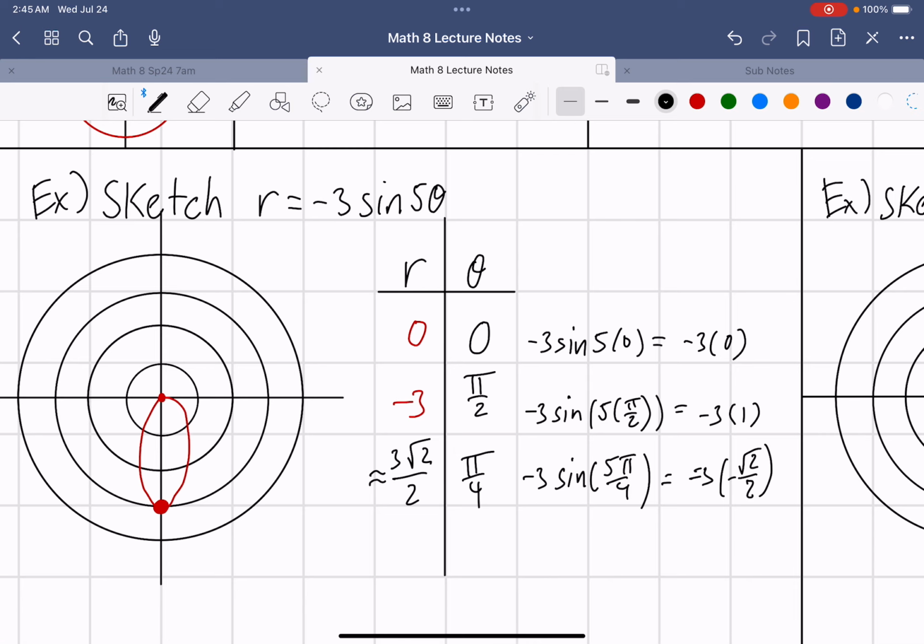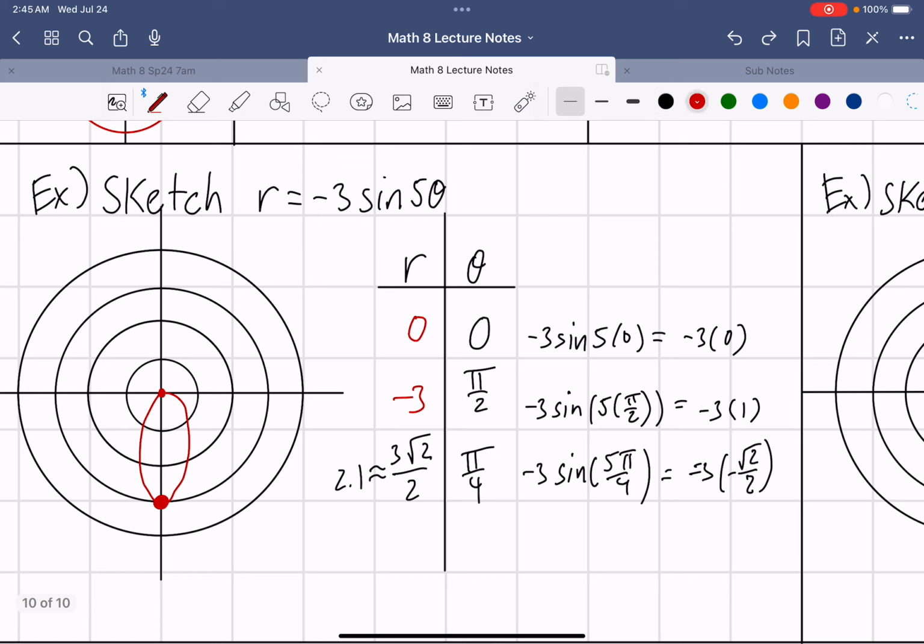If we go back, so let's just say 2.1. So at pi over 4, which is perfectly diagonal, right? If I go perfectly diagonal, I'm going to be at 2.1. So it's somewhere along this line right here.